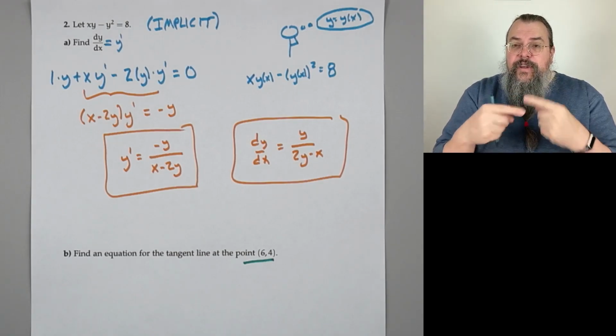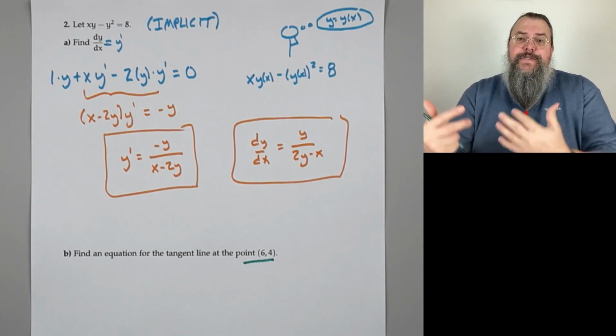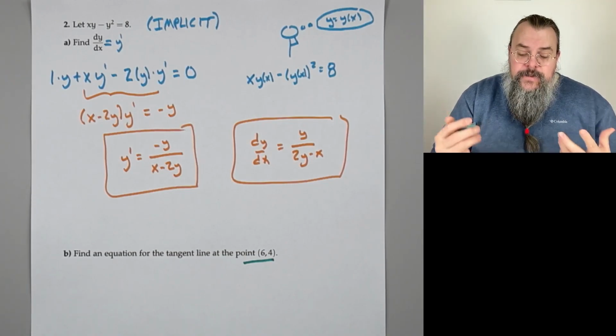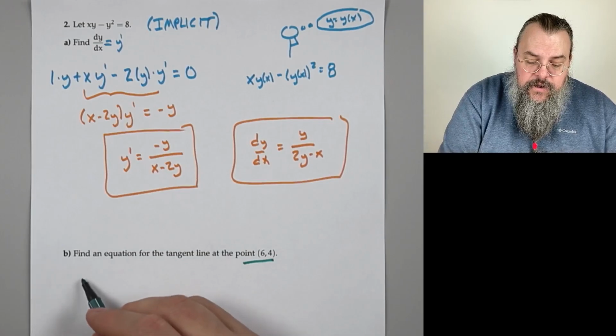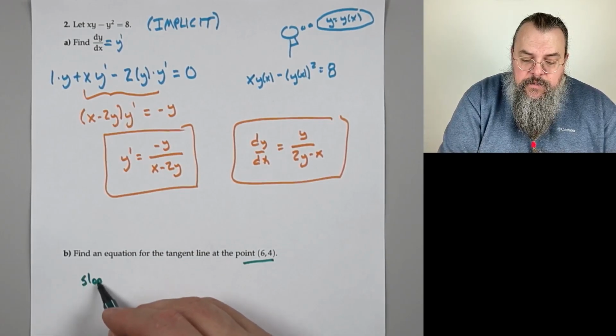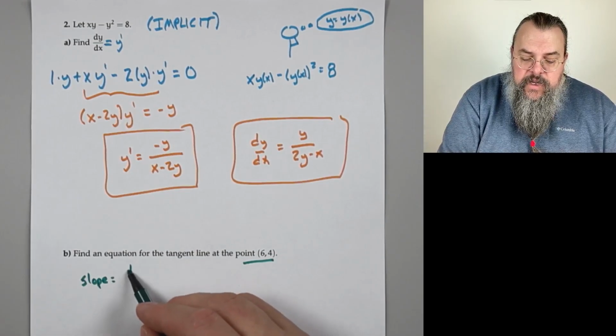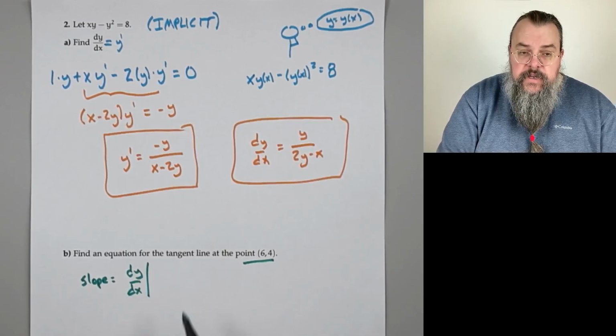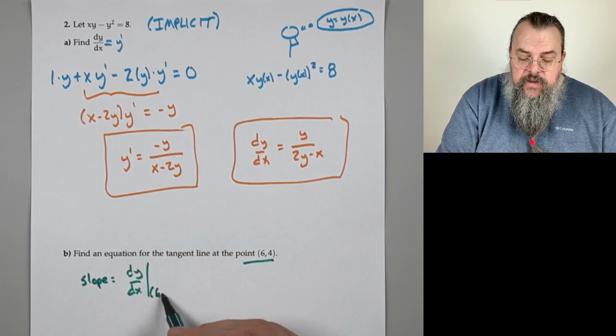And that's testing us on, oh yeah, derivative. Derivative is the slope of the tangent line. So we say, oh, okay, so our slope would be what we call dy dx. And then I like to write it this way, evaluated at the point 6, 4.